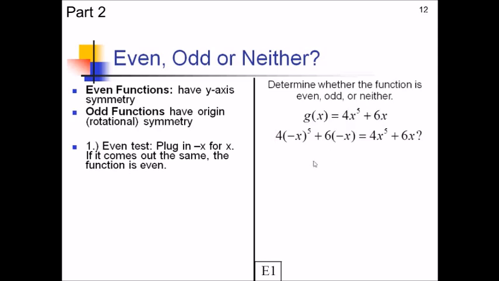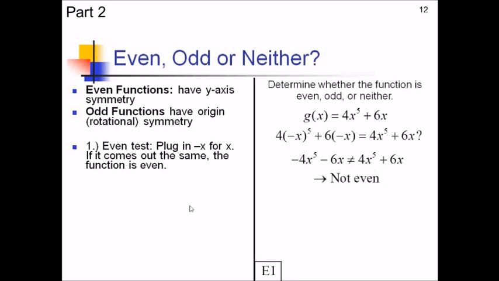So we just have to apply our exponent rules. We have a negative to the 5th power. That's still going to be negative. So this will be -4x to the 5th, and this will be -6x. And as you might imagine, that is not the same as 4x to the 5th plus 6x. So we can say that this is not even.